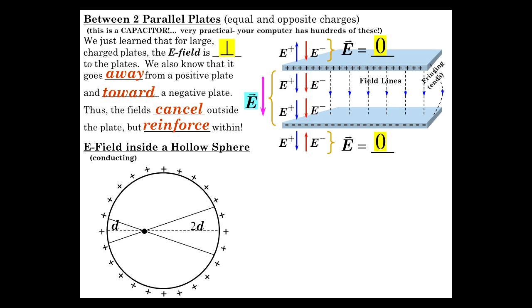So I picked this location to be this point here. It's D on this side and twice the distance over here. Now we have a patch of charge, and we'll call that Q. That Q is a small patch. It produces an electric field based on the inverse square law to the right, which is kQ over D squared.